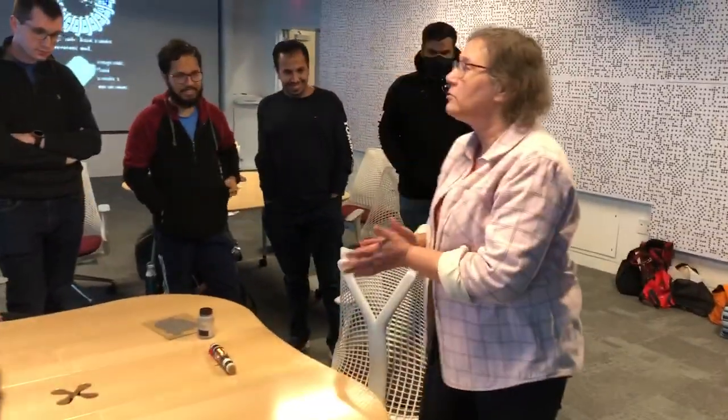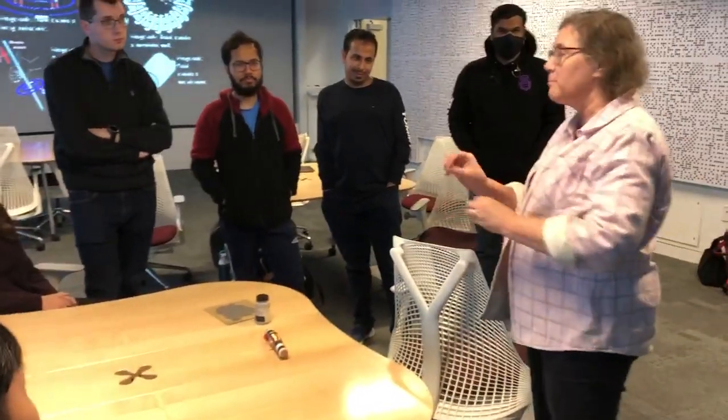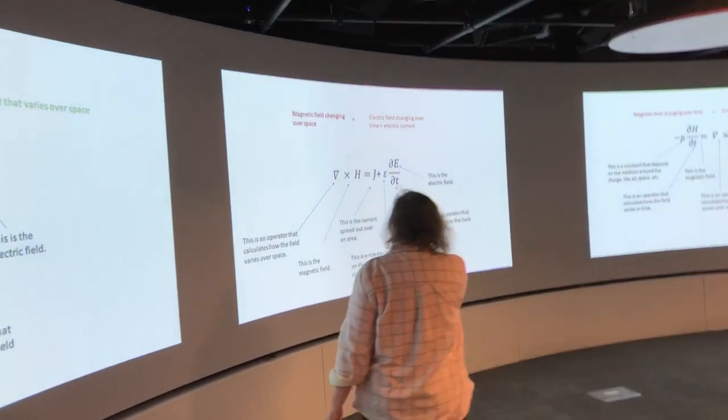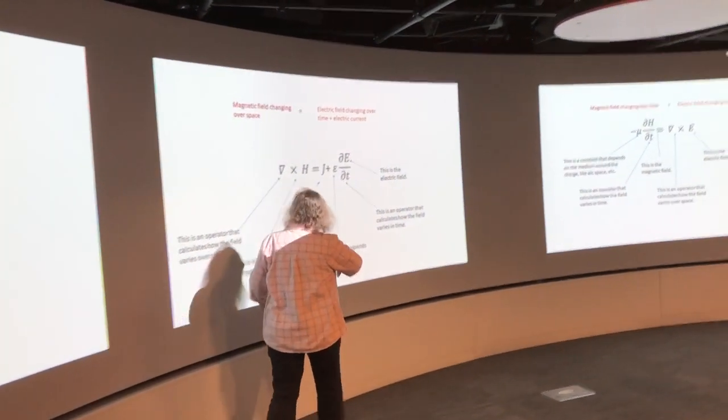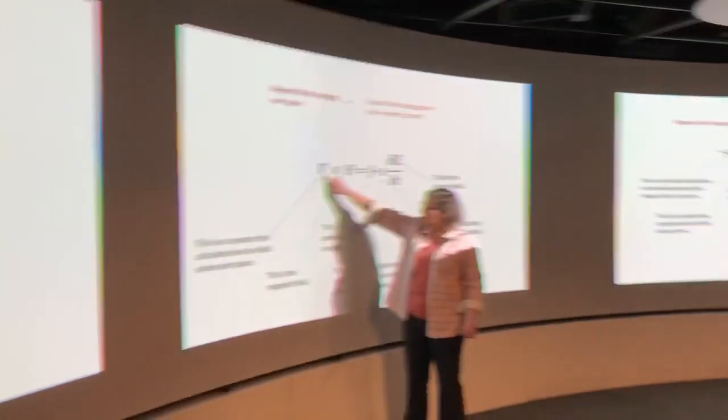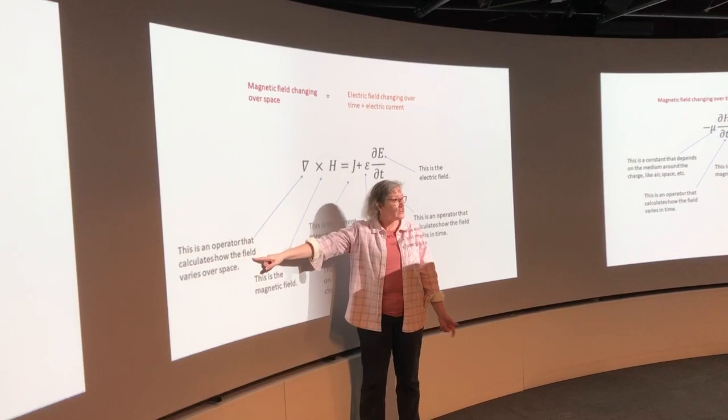It's changing over space. So a spatially varying magnetic field gives us a current. So I said that without explaining the math, this operator calculates how a field varies over space.